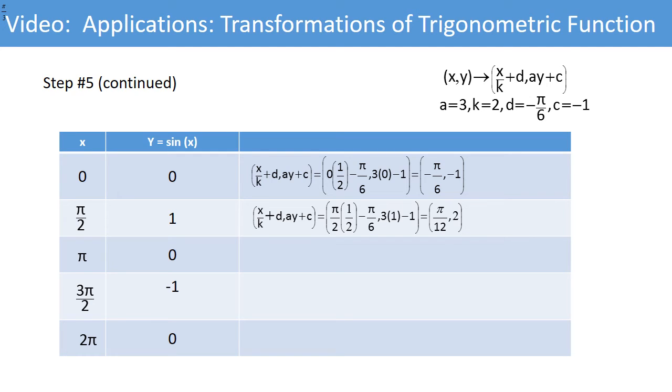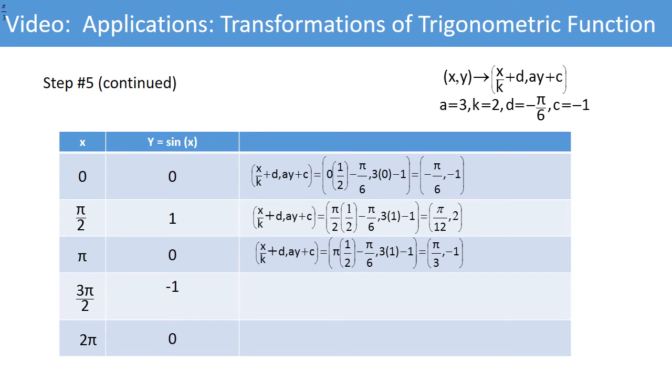Same thing for the maximum point. X is pi over 2, k is 1/2, d is negative pi over 6, a is 3, y is 1, c is negative 1, which is pi over 12 and 2.